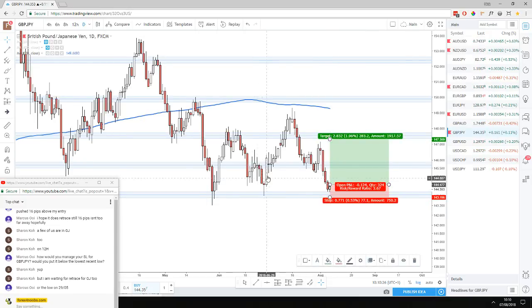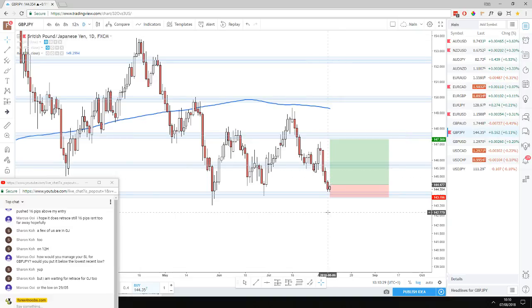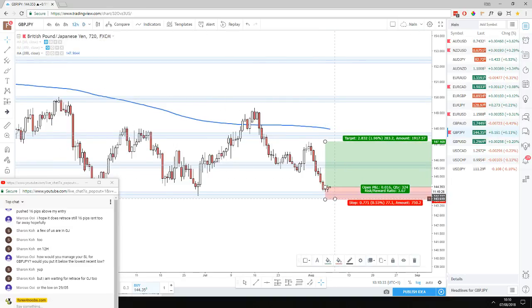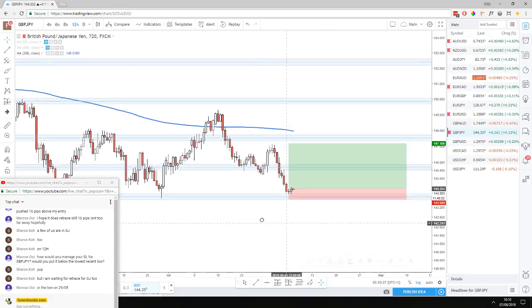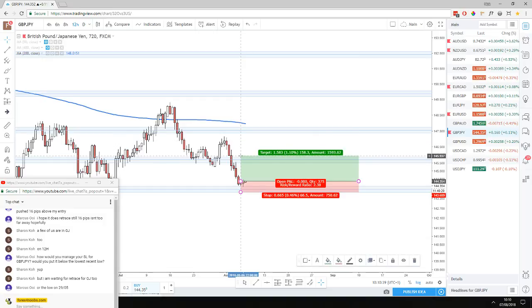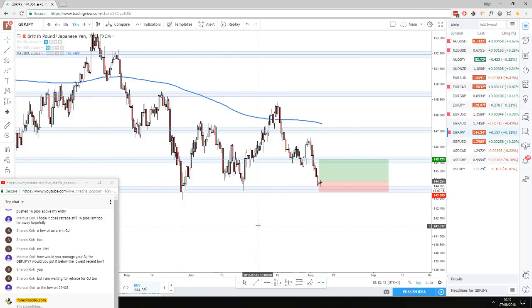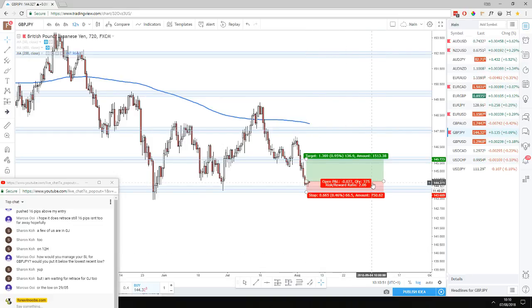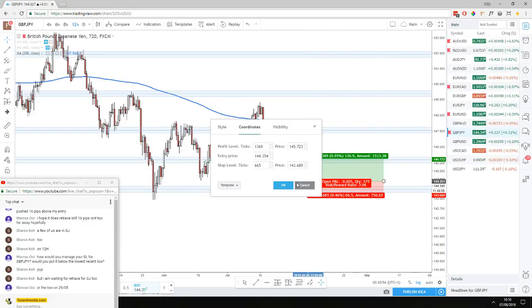Maybe this low here. Even then, of course, your entry is a tad lower. You see, that's way more realistic, way safer. So yeah, stop loss around about 143.68.